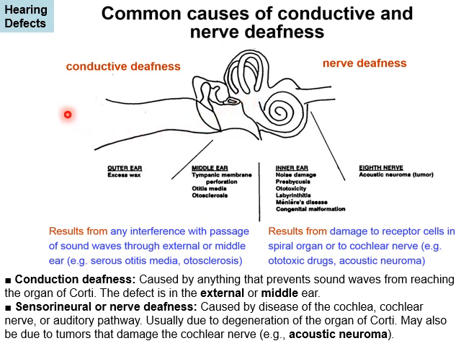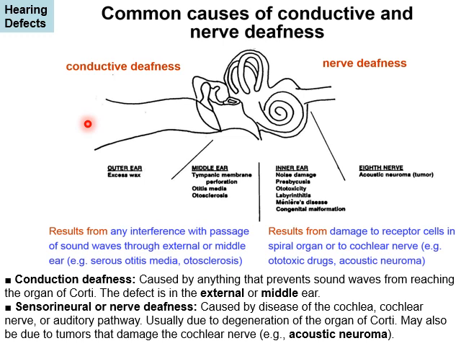So the sound that runs in the external auditory canal reaches the eardrum, transmits through the ossicles, and then reaches the inner ear, the organ of Corti. Anything that blocks this pathway will cause conduction deafness.